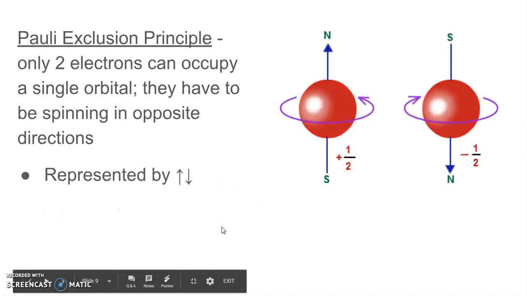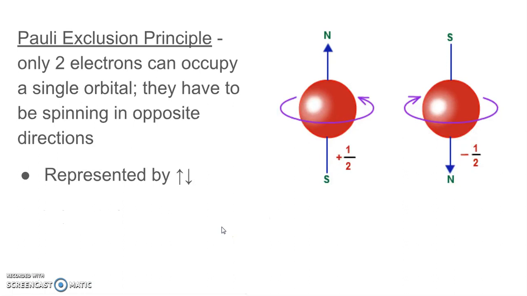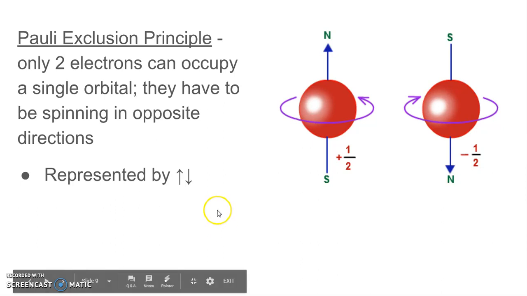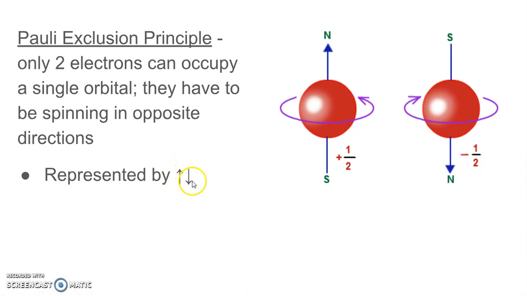The next rule is called the Pauli exclusion principle, and it says that only 2 electrons can occupy a single orbital, and they have to be spinning in opposite directions. So we represent the direction that they're spinning by using an up arrow or a down arrow for electrons spinning clockwise or counterclockwise.